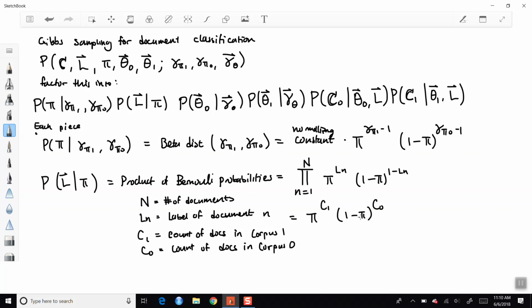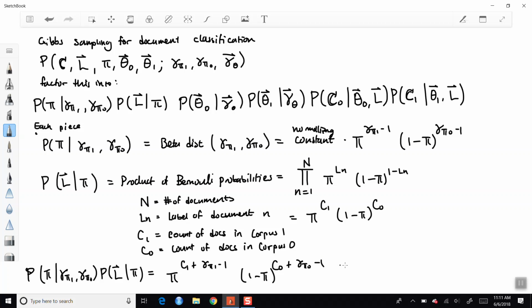Okay, and so we have this and this, and thus these two things are of the same form, and we can just combine them. So the probability of pi given gamma pi 1, gamma pi 0 multiplied by the probability of the labels given pi will just become pi raised to the c1 plus gamma pi 1 minus 1 and 1 minus pi raised to the c0 plus gamma pi 0 minus 1.